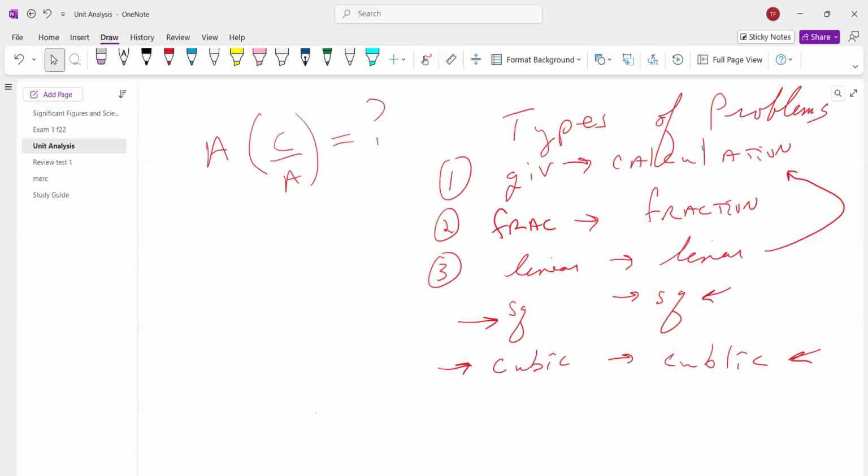C. Why? Oh, the A's cancel. That's right. So sometimes you'll see this called unit cancellation. And the reason they call it unit cancellation is because they treat the unit just like we did here, like an A or a C.